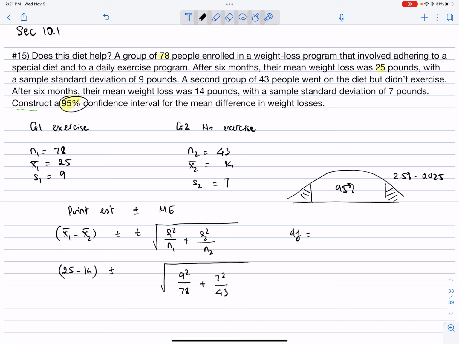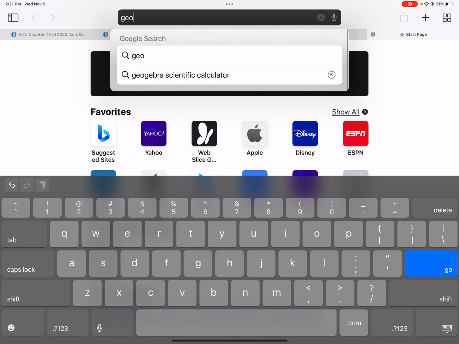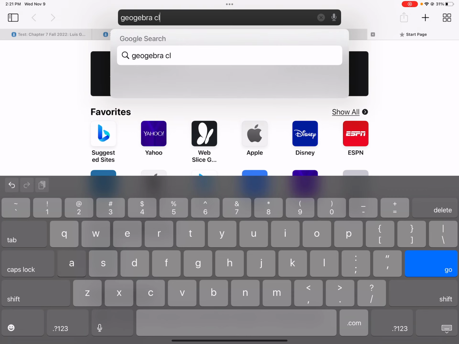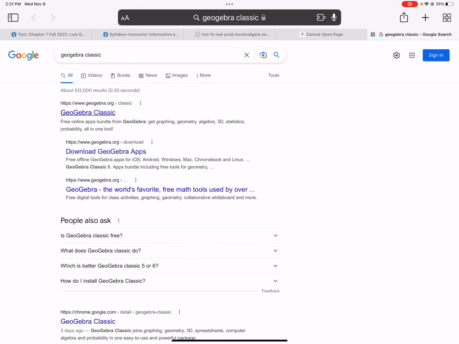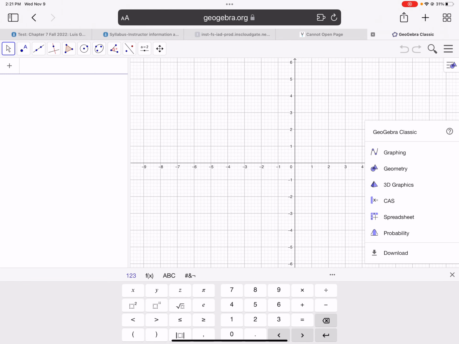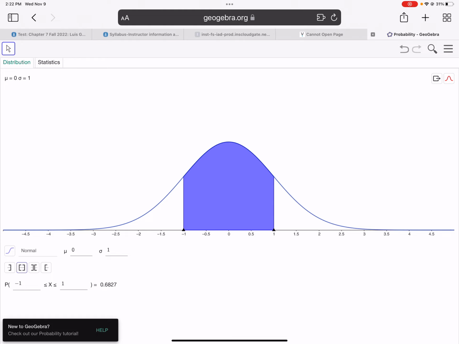So then we go to GeoGebra. GeoGebra Classic. And then we choose the Student distribution.